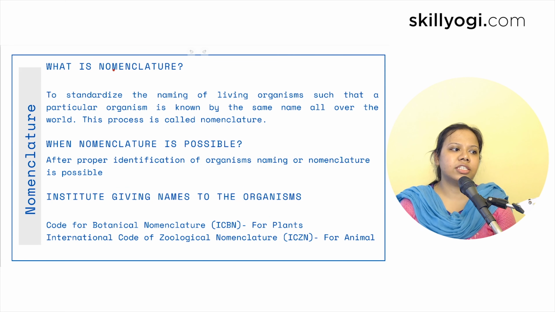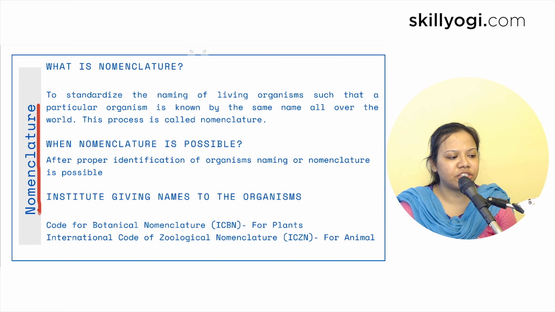Our next topic is nomenclature. What is nomenclature? Simply, nomenclature means giving a name. We have already discussed that on our earth there are 1.7 to 1.8 million types of species.